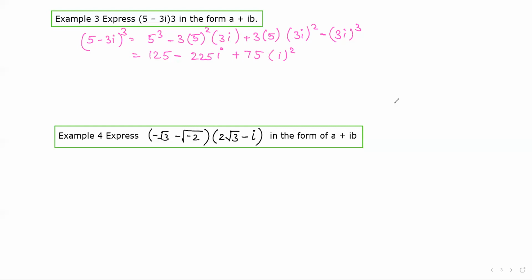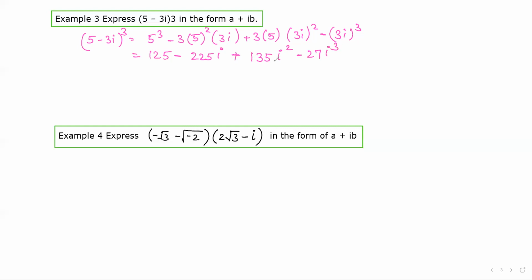Plus 3 into 3 square, 9, 9 into 3 is 27, 27 into 5 would be 135, into i square, minus 27 into i cube.